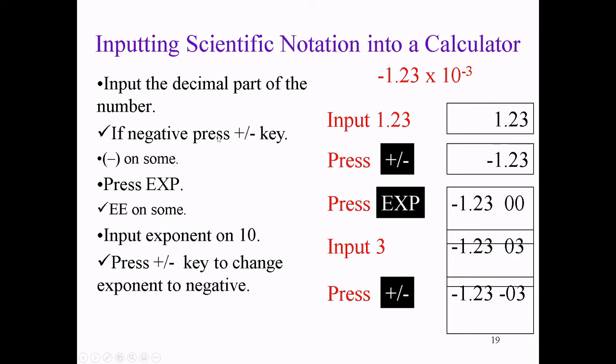You typically don't start by pressing the minus key, okay? On most scientific and graphing calculators, there's a separate key that changes the sign of a number. And it usually looks something either like a plus/minus key or a negative symbol inside of some parentheses.